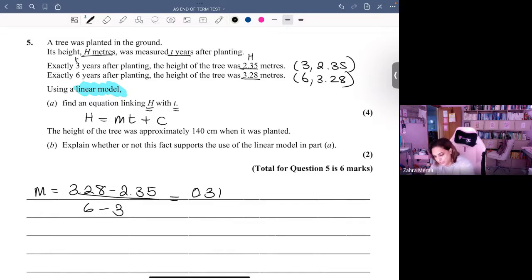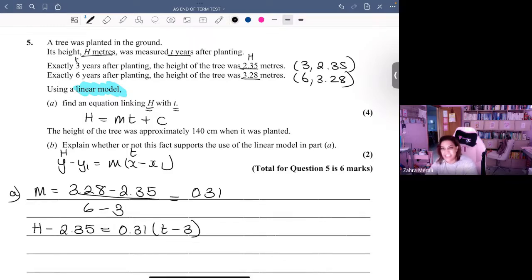And now I just put it into my formula. So if you remember, your formula is y minus y1 equals m(x minus x1). But this time, instead of y, I've got h, and instead of x, I've got t. So I'm going to have h minus h1. It doesn't matter which set of coordinates I use, as long as they match. Don't use the x from one and the y from another.